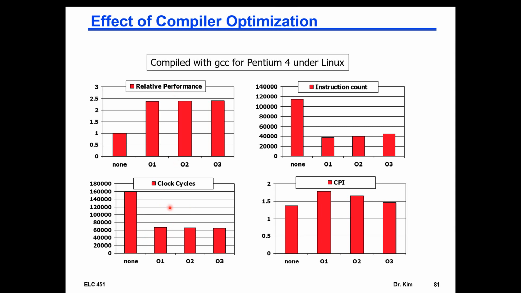They're not the same, but they're related. Also, something like this is interesting. When you're looking at the clocks per instruction, we see that without optimization, the clocks per instruction is lower on average than with the other optimizations.